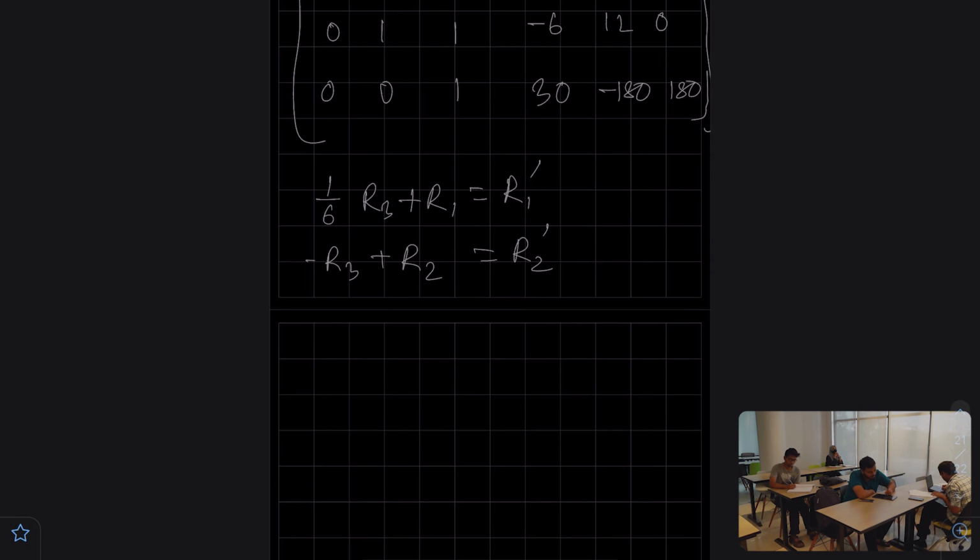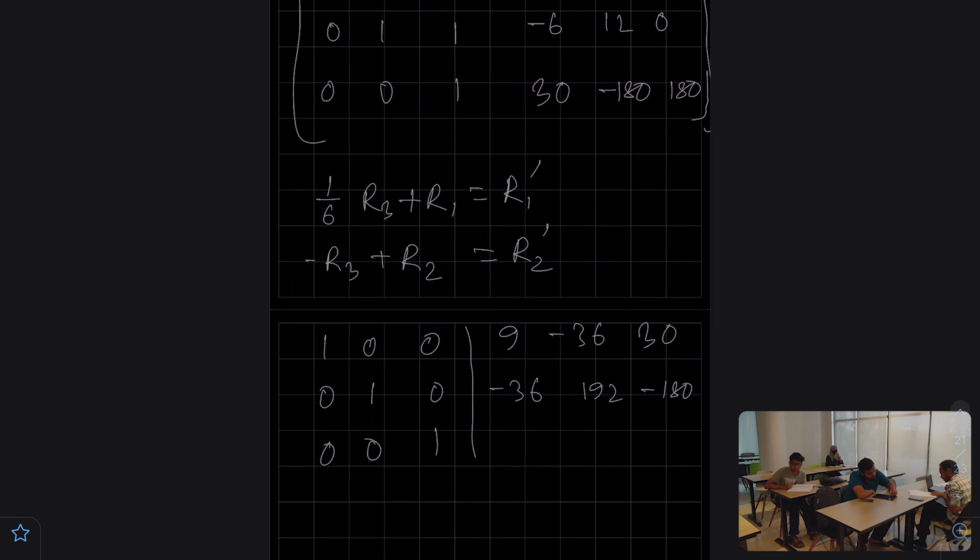Then this will be the identity matrix 1 0 0, 0 1 0, 0 0 1, and the right hand side will be 9, minus 36, 30; minus 36, 192, minus 180; 30, minus 180, 180.